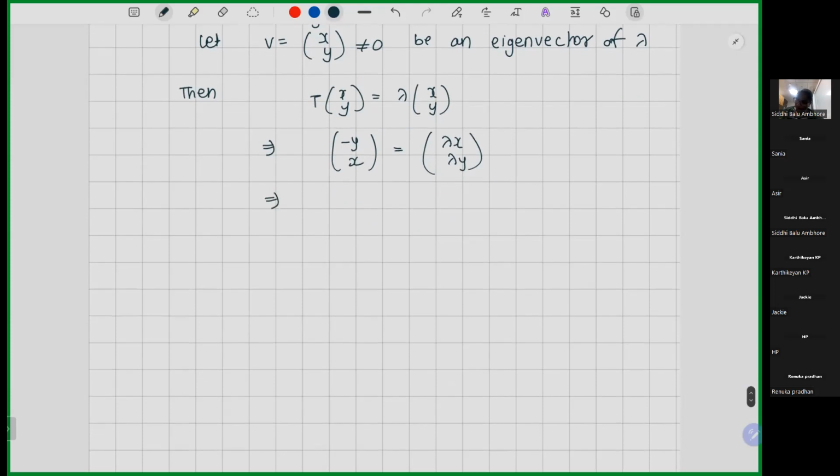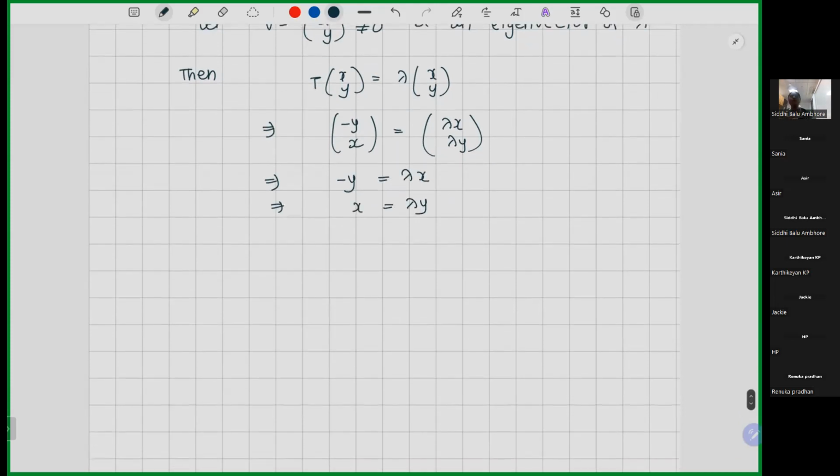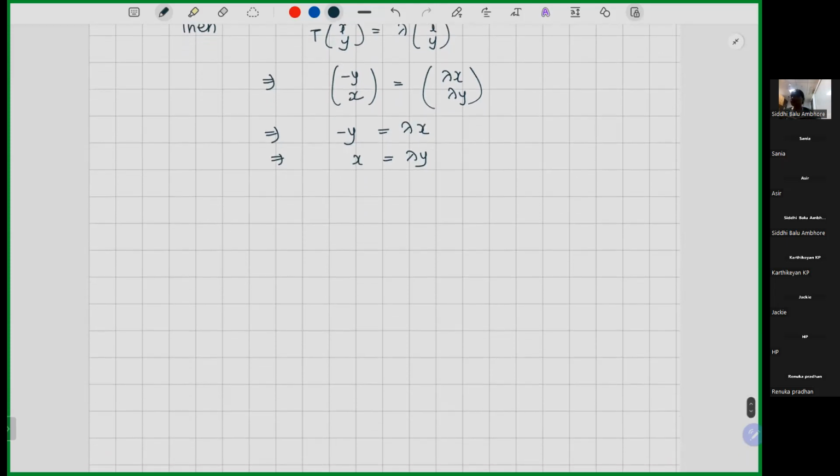From this what do I get? Minus y is equal to lambda x. From here I get x is equal to lambda y, right? If I call these 1 and 2, if x is lambda y, then 1 implies minus y is equal to lambda times lambda y.